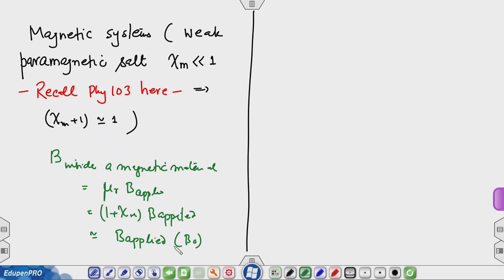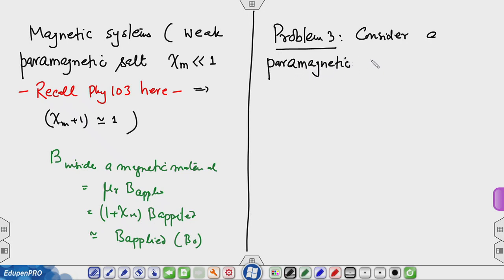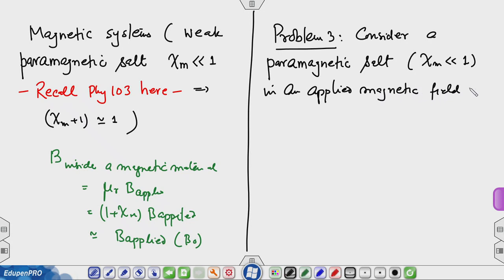So, first problem that I am going to solve with this background is problem 3. Consider a paramagnetic salt with chi m much less than 1 in an applied magnetic field B 0.